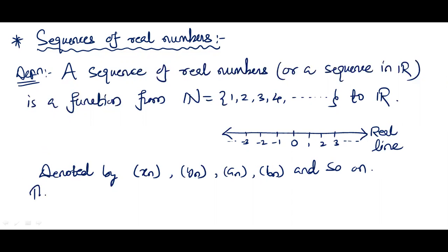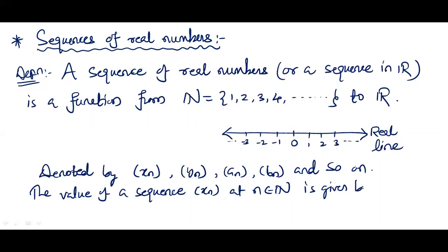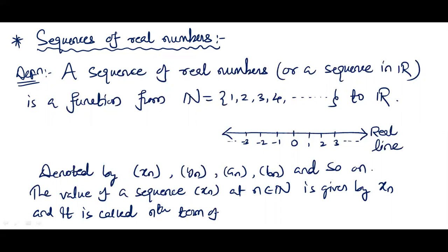See, the value of a sequence xn at a natural number n is given by xn, and xn is called the nth term of the sequence (xn).